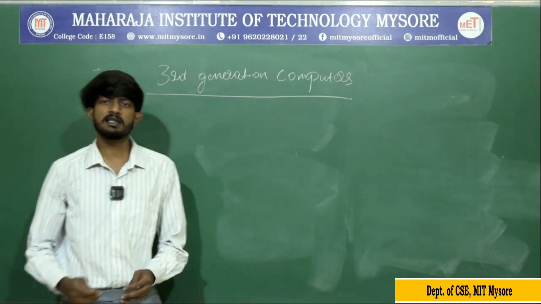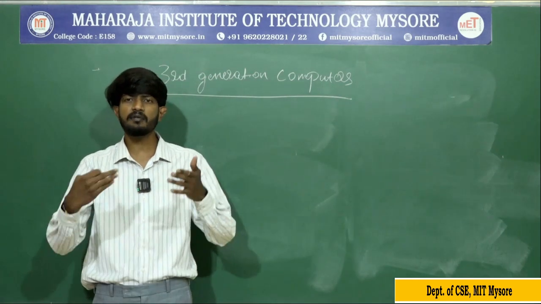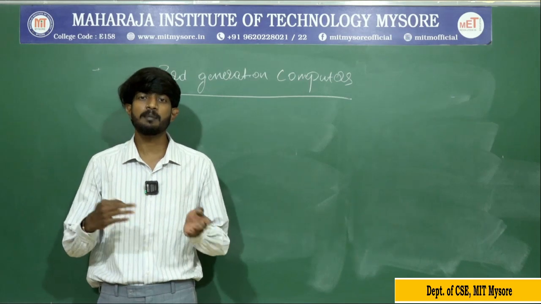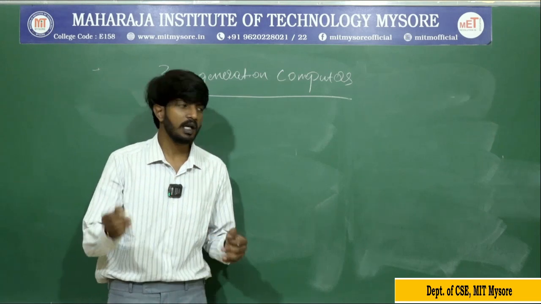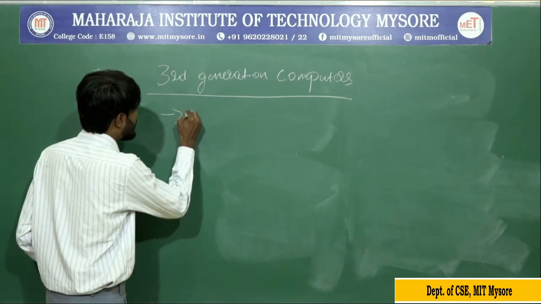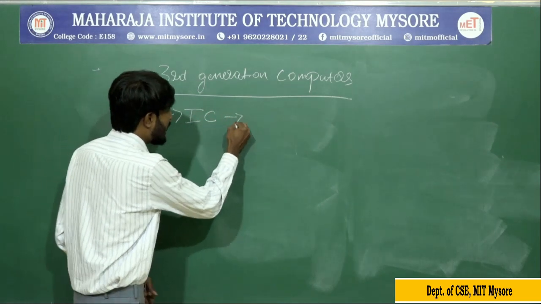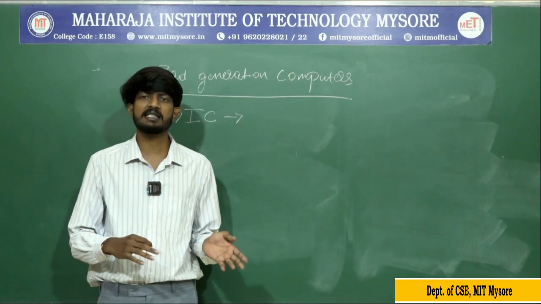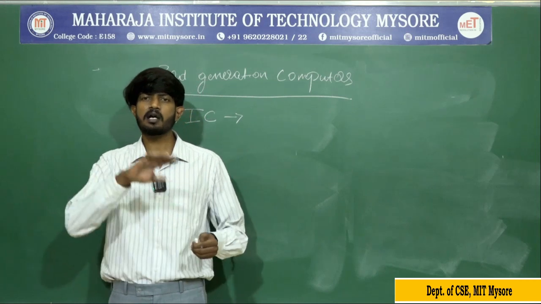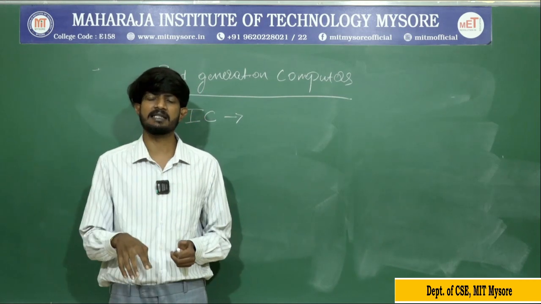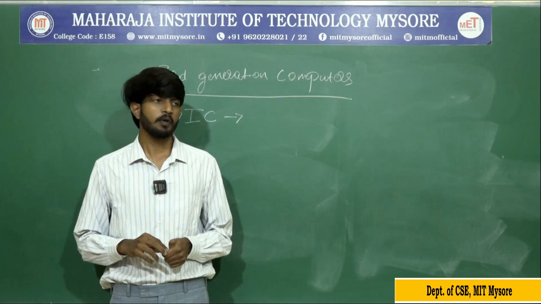The hardware of the third generation computer is made up of ICs. ICs means integrated chips. An IC consists of transistors, resistors and capacitors, all connected in a single IC. Okay.